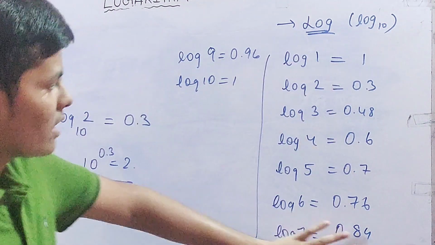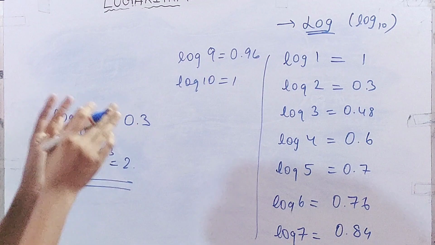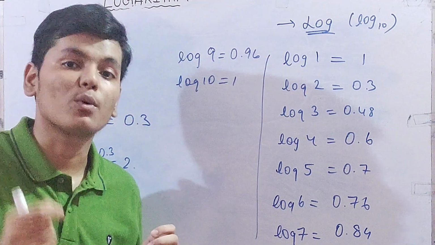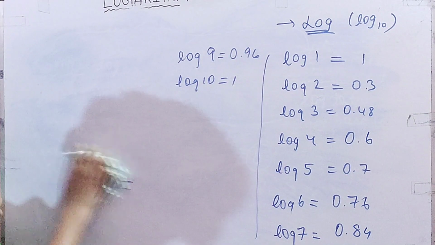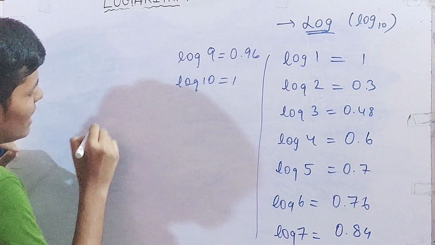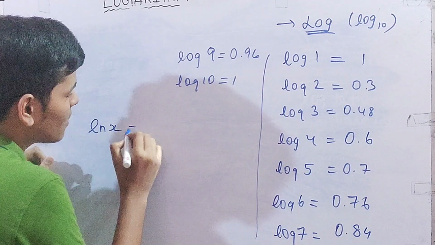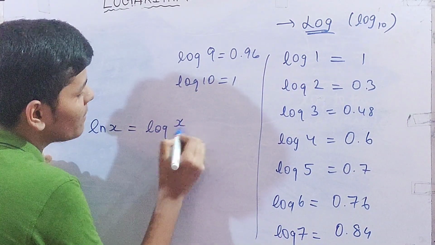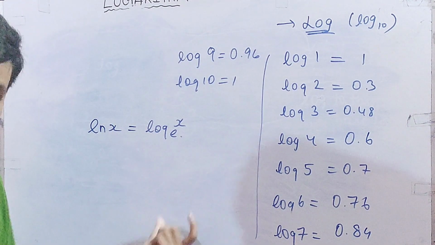We use these logarithms in many mathematics and physics problems, but more than this, we also have the requirement of the concept of ln. Now what is the concept of ln? ln x means log of x to the base e. We usually will have the values in terms of ln of x.